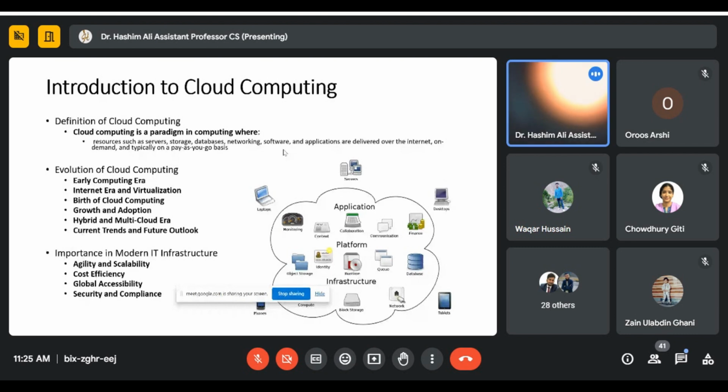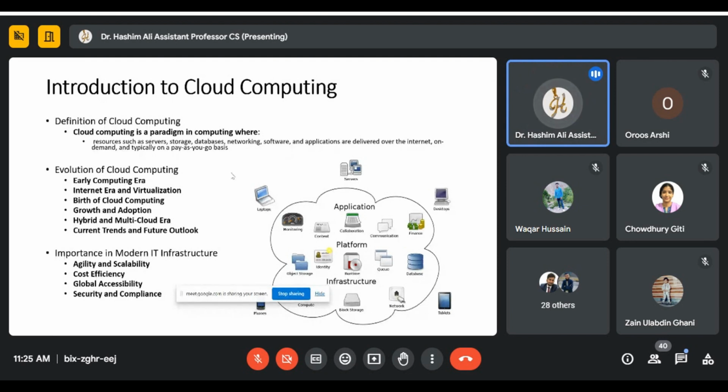With data centers located in multiple regions, cloud providers offer low latency access to applications and services. This not only improves the user experience, but also enables seamless collaboration and communication across the data centers.